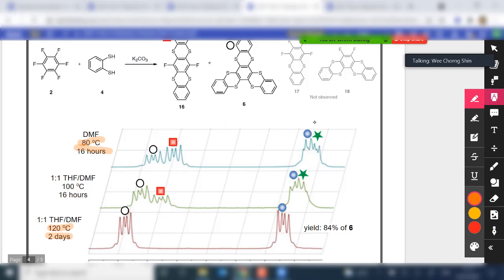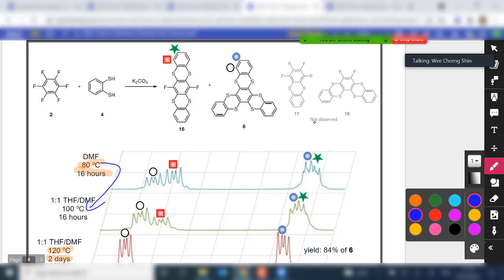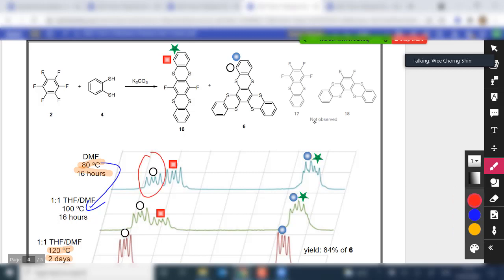You notice that as the temperature increases, there is a greater proportion of 6. Actually, the graph is written in such a way that you are not supposed to measure the height, so just roughly look at the area under the graph. You notice that there is an increase from here to there, and then this drops in magnitude.